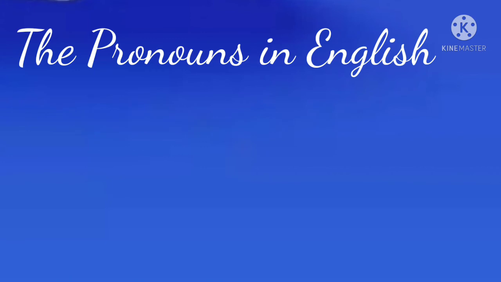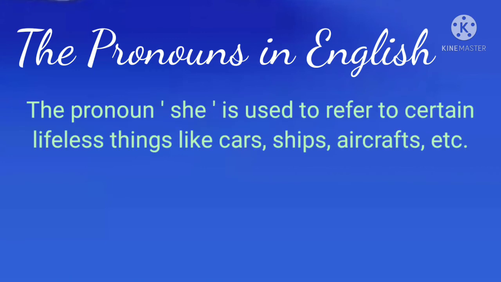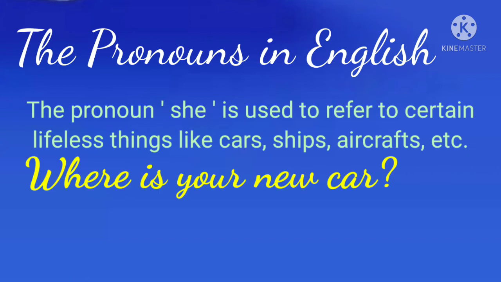So also, nouns denoting certain lifeless things like cars, ships, aircrafts, etc. are often referred to in the feminine gender. The pronoun she is preferred to refer to them. If you ask somebody, where is your new car?